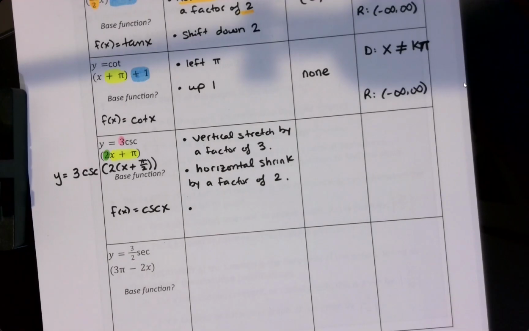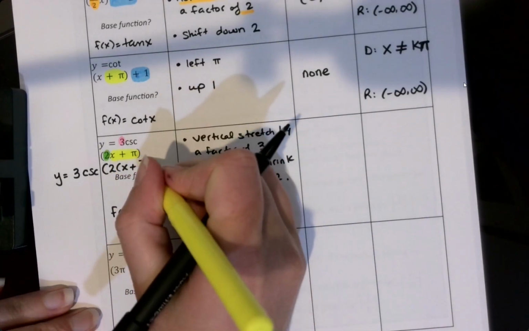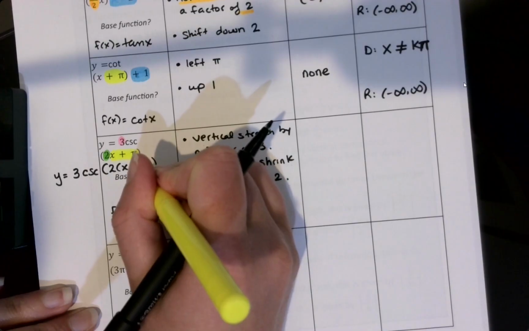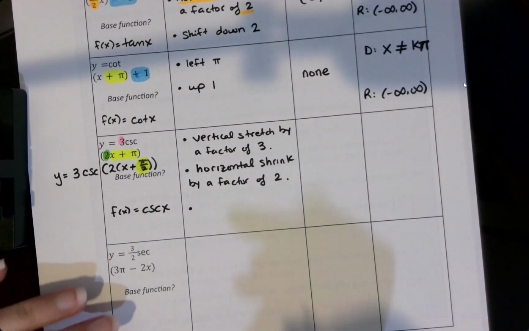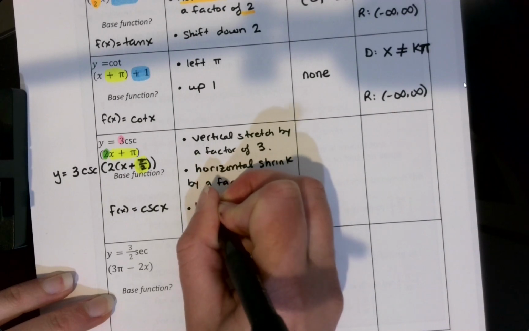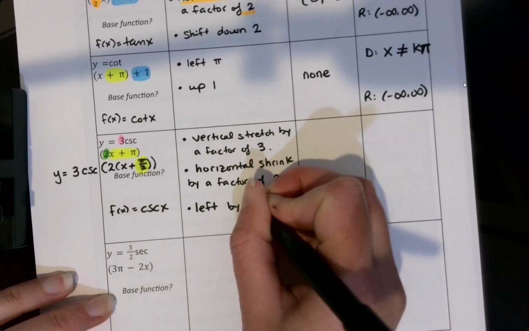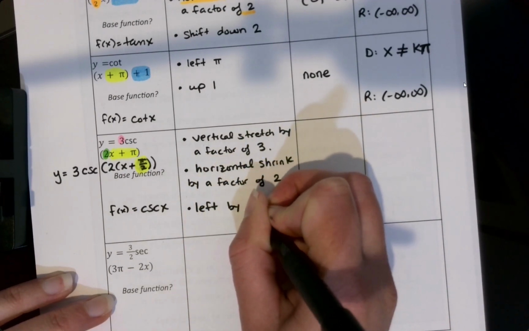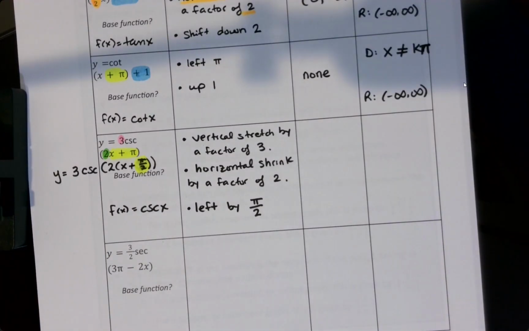So I need to divide out the horizontal shrink multiplier to figure out what is the value of the left or right shift. So the value of the shift is actually pi halves. It's positive, so this is going to be a shift to the left by pi halves.